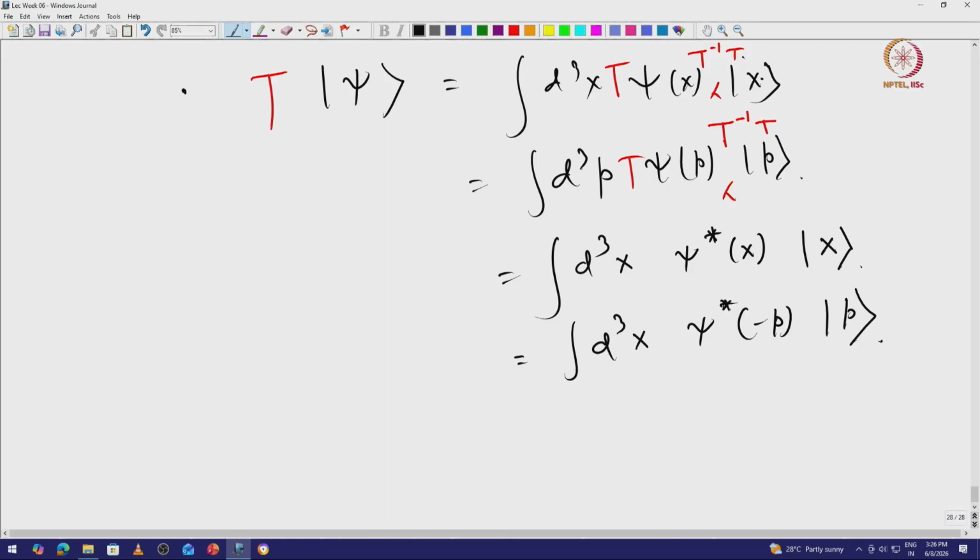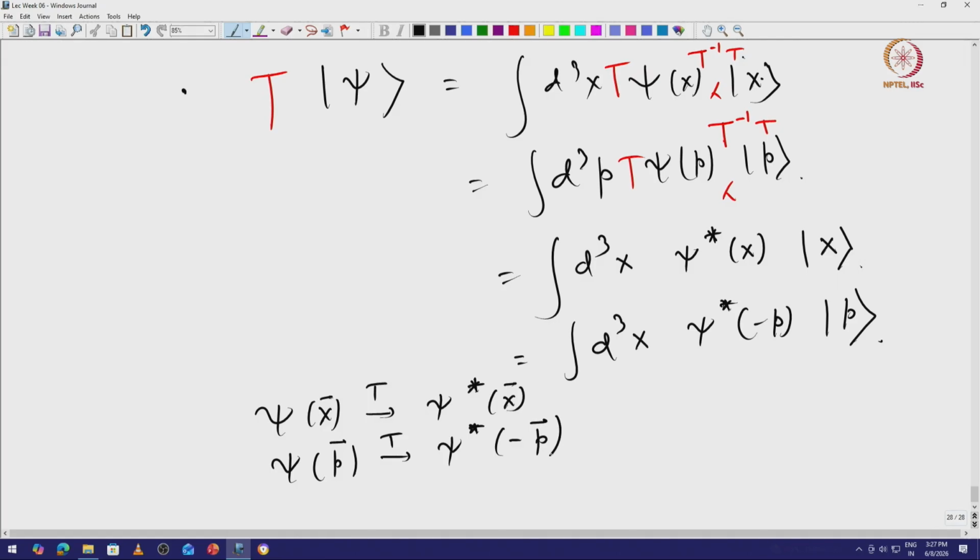Okay. So, a state in position space under time reversal, you get a complex conjugation of that state at the same position, but in the momentum space under time reversal, you get a complex conjugation, but also from the other part of the Brillouin zone, minus p.